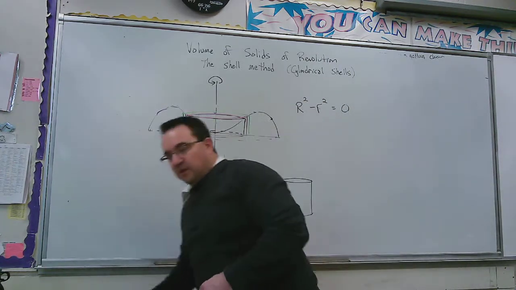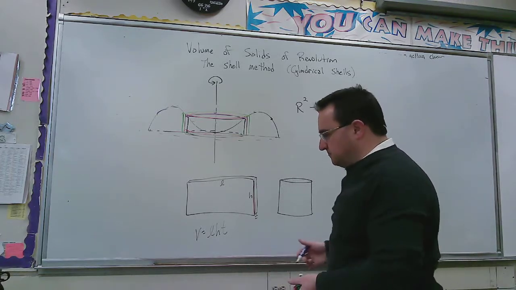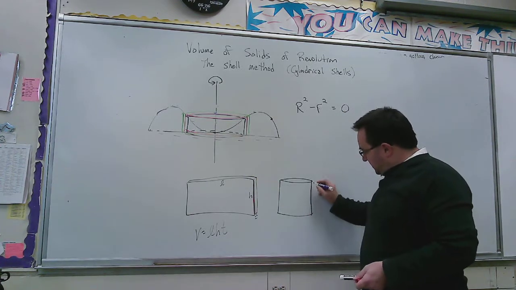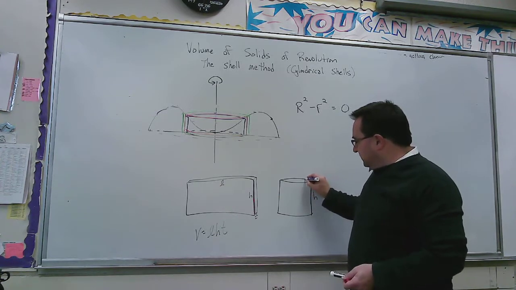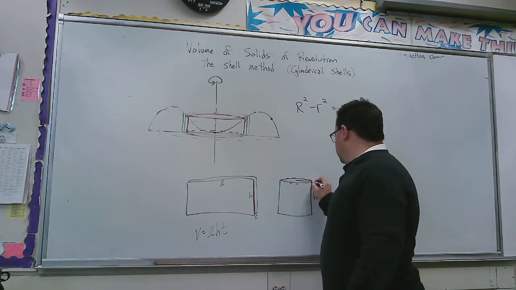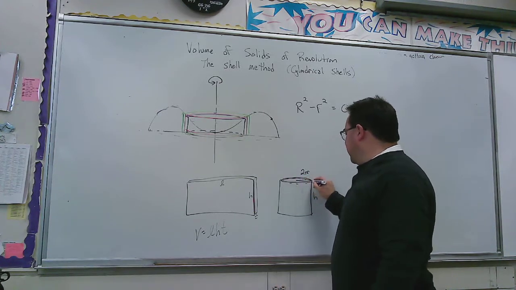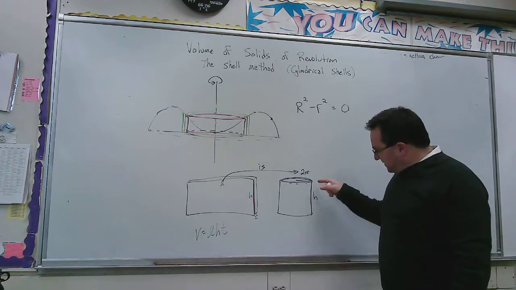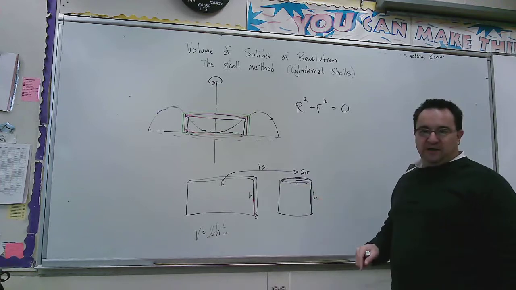Okay? Well, now look what happened here. I bent that around. This is still the height. But now look at the length. That is now a circle. 2 pi r is the distance around that. The length is the circumference of that circle, 2 pi r.